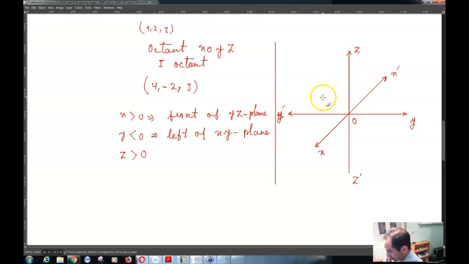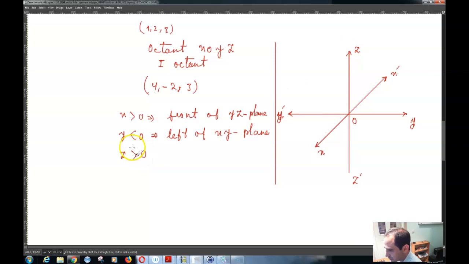So then basically right now the only two options that you have are these two octants over here, which are to the front of the YZ plane on the left.